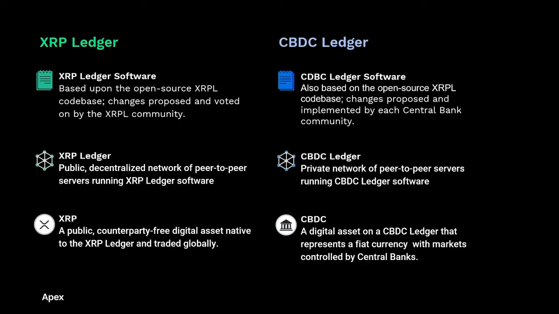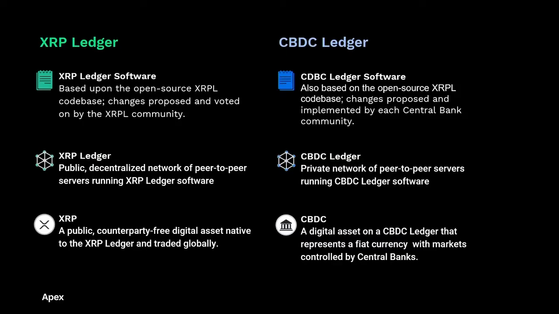Just to go a little deeper on what's the difference between the XRP ledger and a CBDC ledger. At the top, it's pretty much the same software, but because of amendments and an open source code base, central banks can actually vote in new amendments. They can create different functionality in their ledgers, and I'll talk more about that in a second. In the middle row there, we have the topology differences.